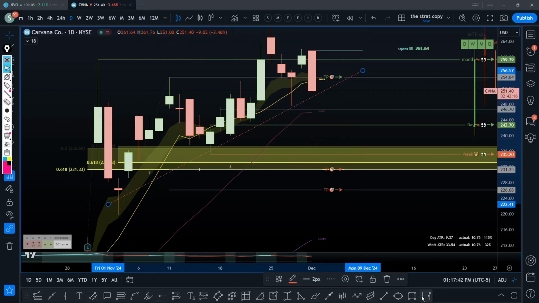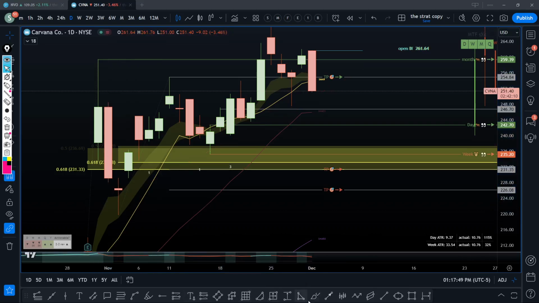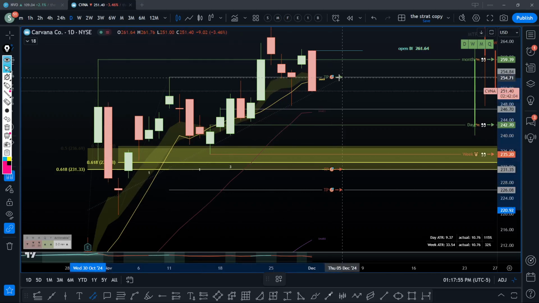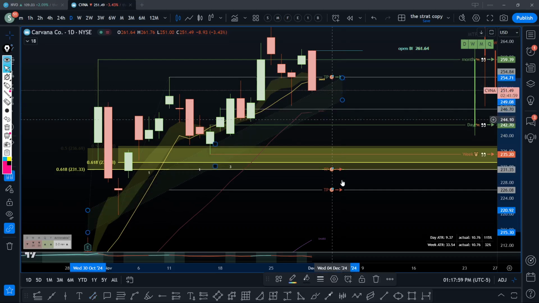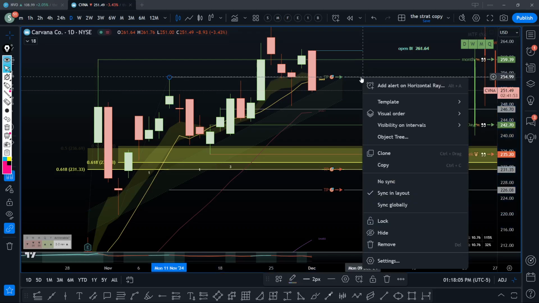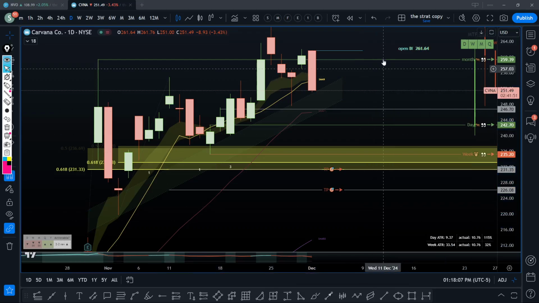So if we look at that kind of like a zone, I would want it to find some support in that zone. So in this zone right here on the daily, let's take some of these notes that I already have on here away.